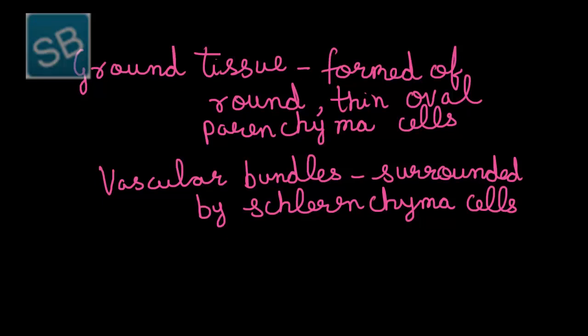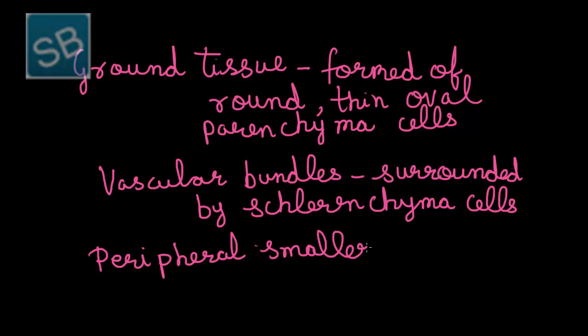Here, the vascular bundles located outside, the peripheral vascular bundles, are smaller than the vascular bundles located centrally.